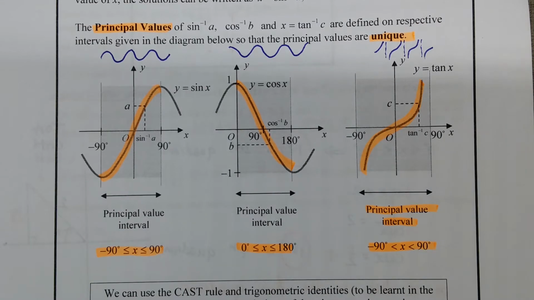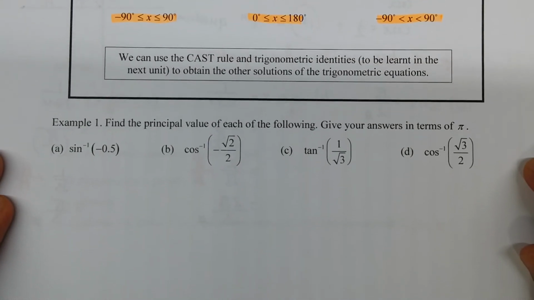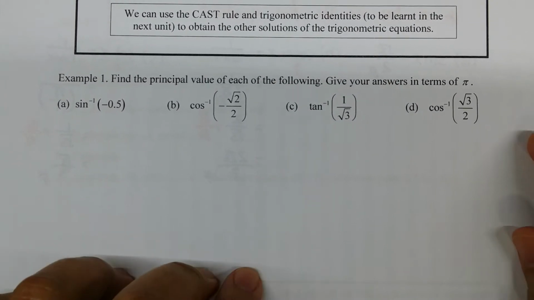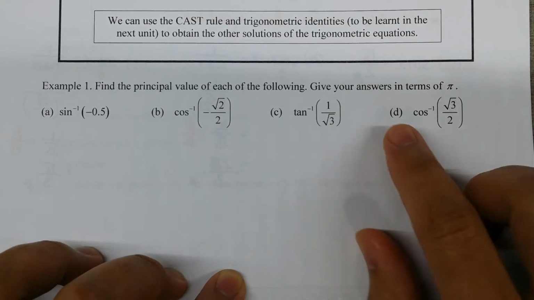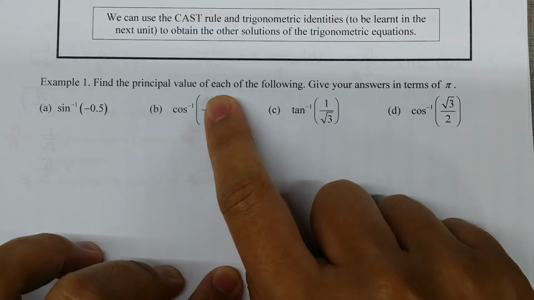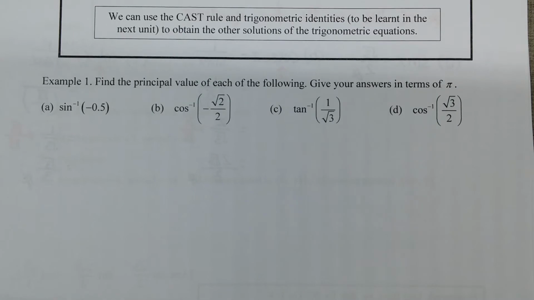Let's look at other questions they may pose for principal value, such as this. Actually, these are quite simple if I change the question. Because now the question says give your answers in terms of pi. Find the principal value of each of the following in terms of pi. In terms of pi, not easy.